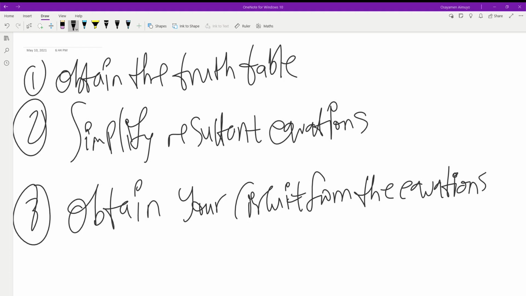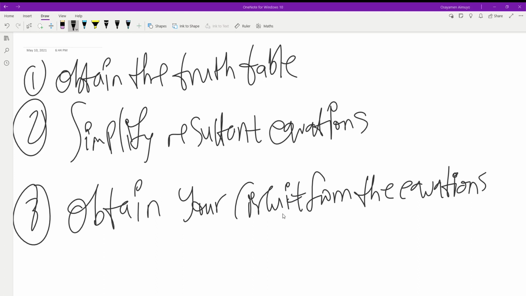So what we are going to do is to work out a problem involving combinational circuit design and possibly work out another problem involving more components aside from just gates.